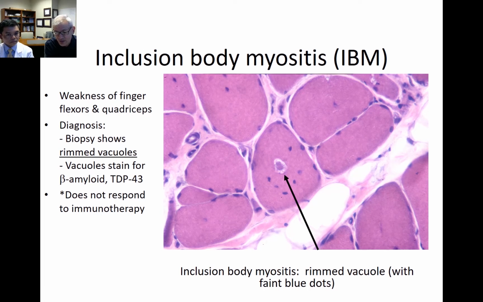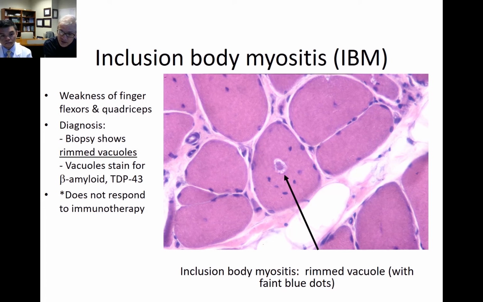And that's why sometimes the patients are treated as polymyositis, for instance, but will not have any response. And then we can retrospectively conclude that, oh wow, maybe this was inclusion body myositis. And so that makes a very interesting clinical situation. It does happen a lot.